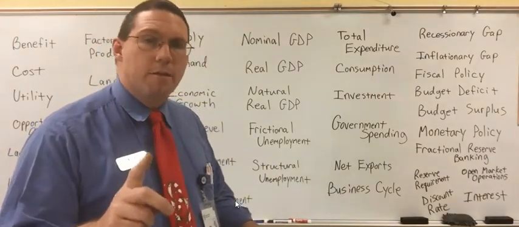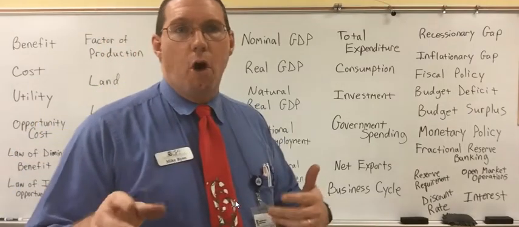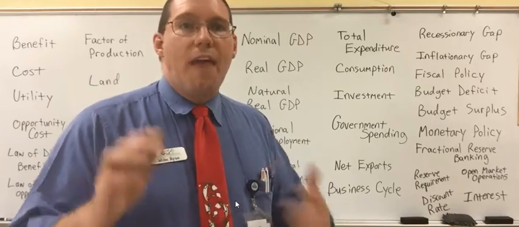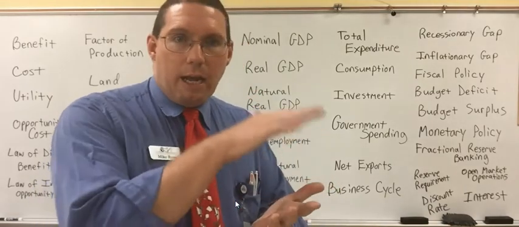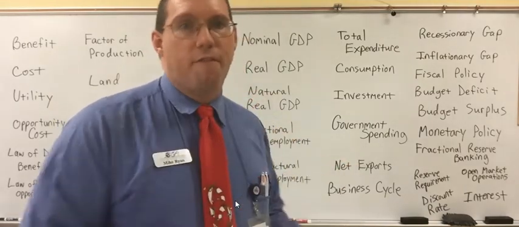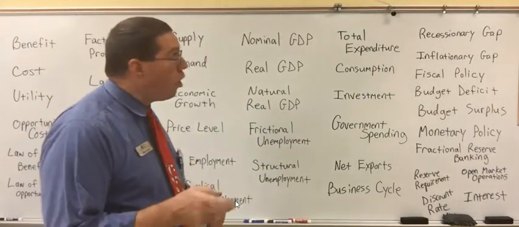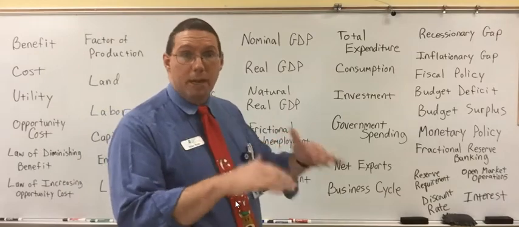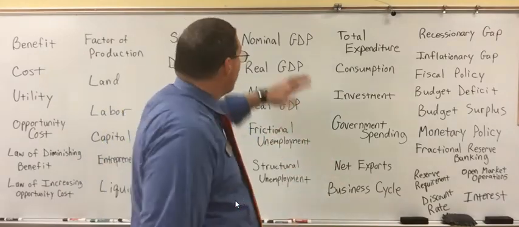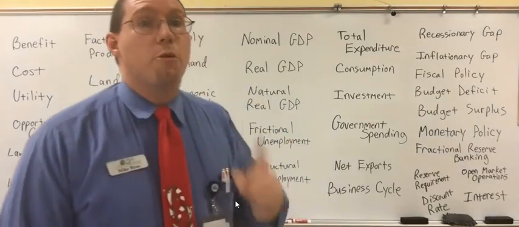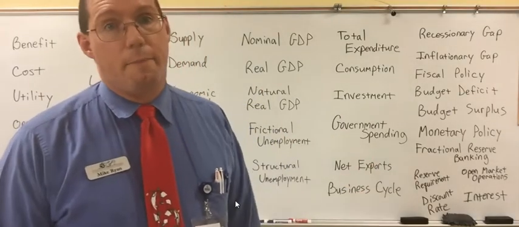The problem is that when we add up all the money that was spent on the stuff that was produced, that money includes the price of the product, and the price changes over time. And so when we just add up how much money was spent in the economy, that's called nominal GDP. Nominal GDP is all the money that was spent on stuff in the economy.